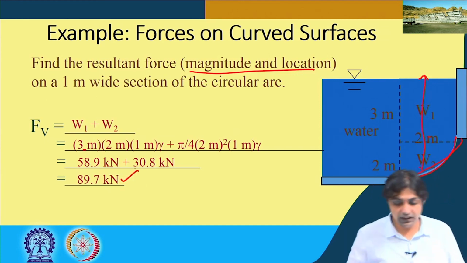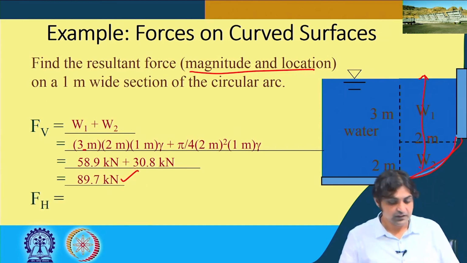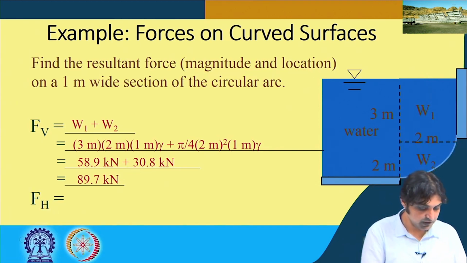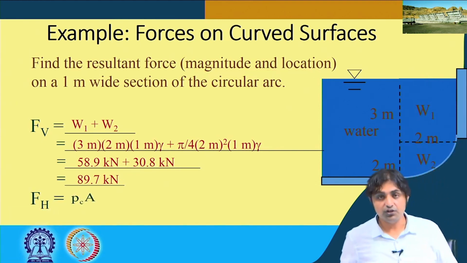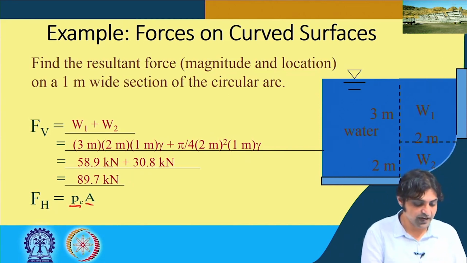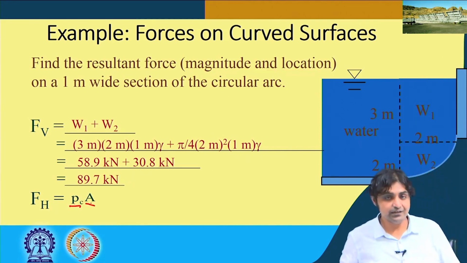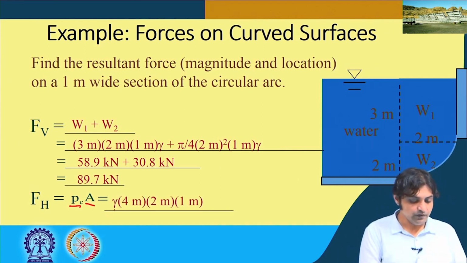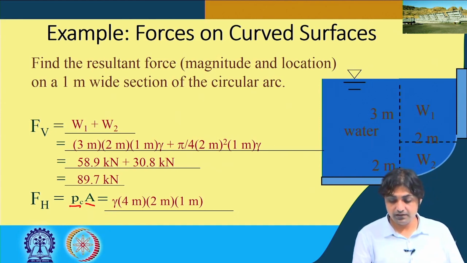Okay, very simple. Now we also need to know what the horizontal component is. So horizontal component is the pressure at the centroid multiplied by area. But what area is that? So area is 2 into 1.